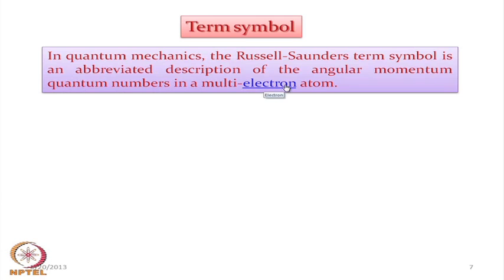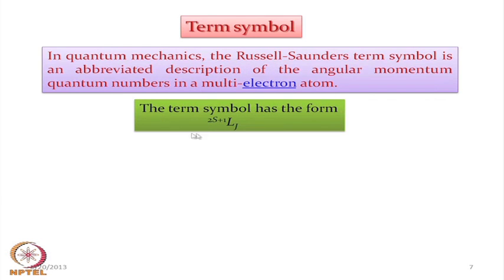So, if we have 2 p electrons or 2 d electrons, we can have the corresponding description for the total angular momentum. So, how do we find the total angular momentum of a multi-electronic system, and how do we define the corresponding spin values? That can be known from this type of coupling scheme, which is known as RS coupling or LS coupling.